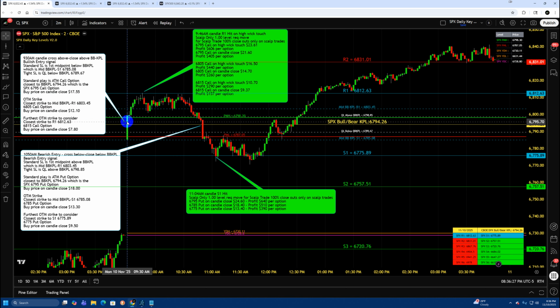But this candle is within range if you do want to take the 9:30 a.m. candle. As you can see, we're on a 2-minute chart. That is the recommended chart time frame for this particular strategy. You also can use chart time frames of 1 minute up to 5 minutes for this core daily key levels strategy.